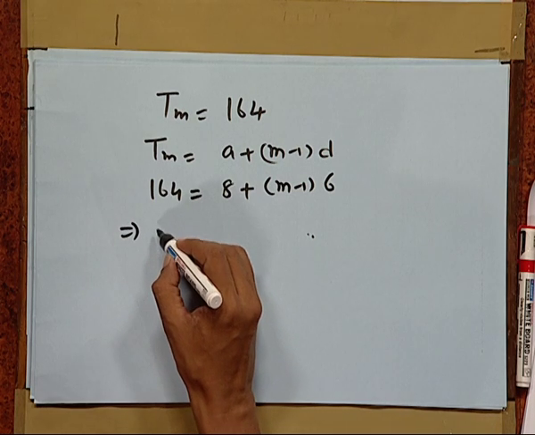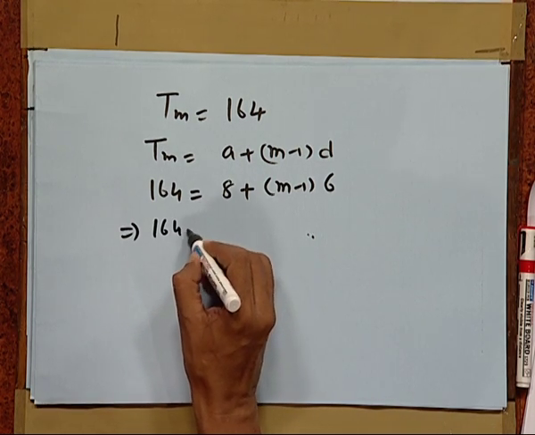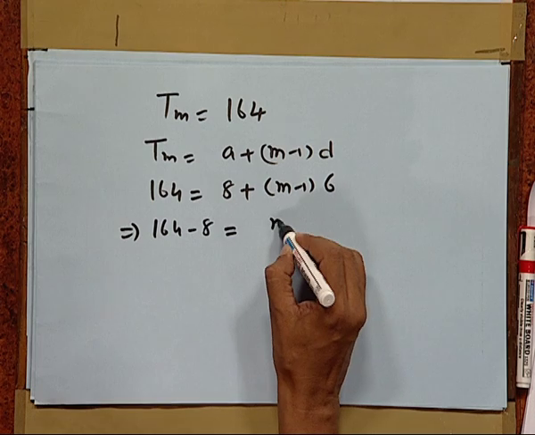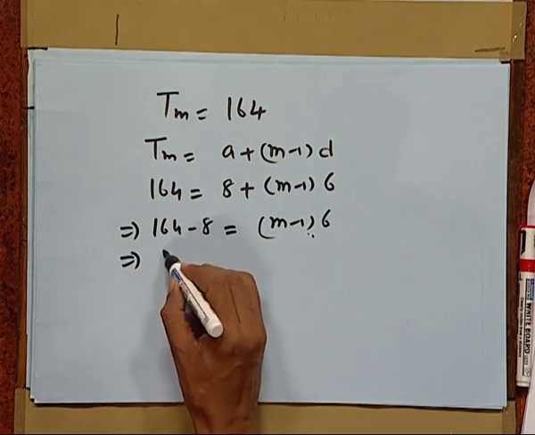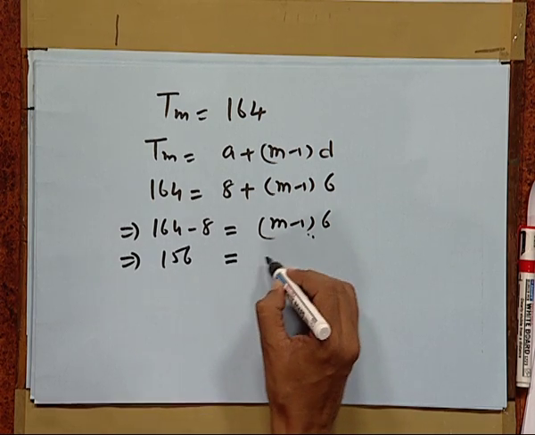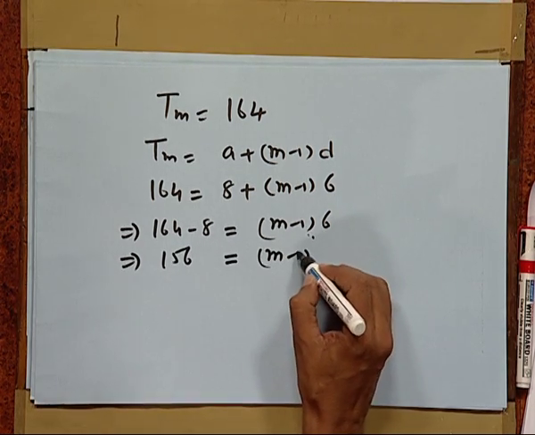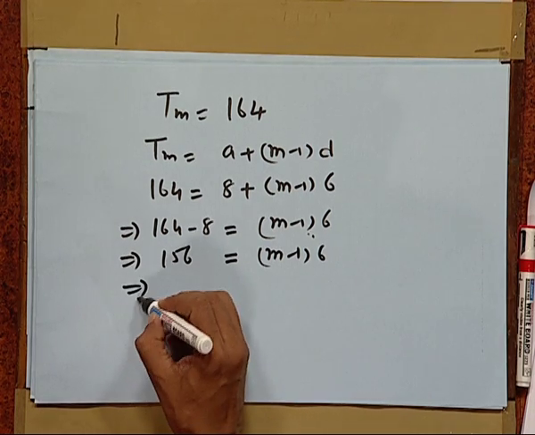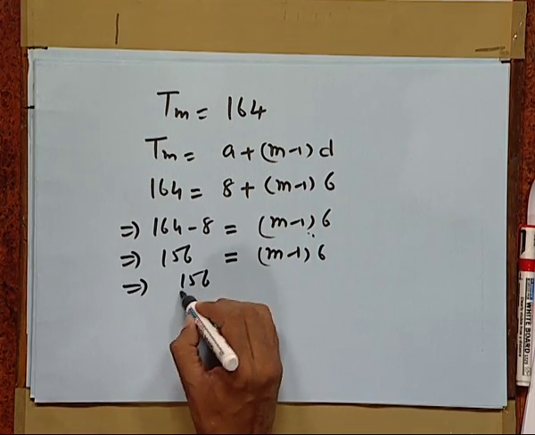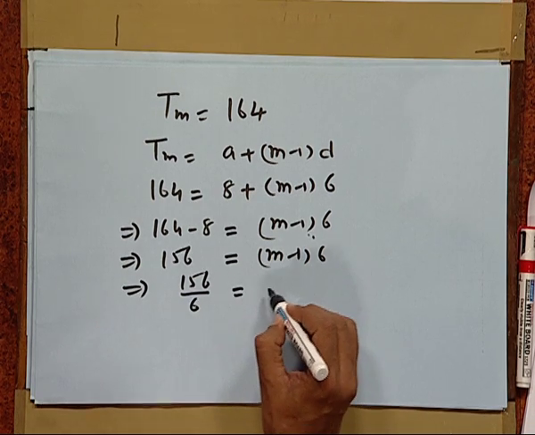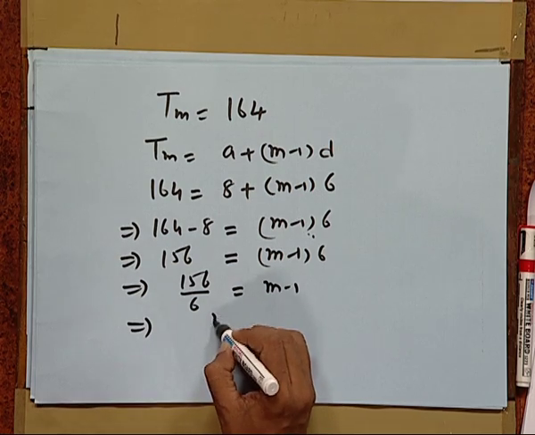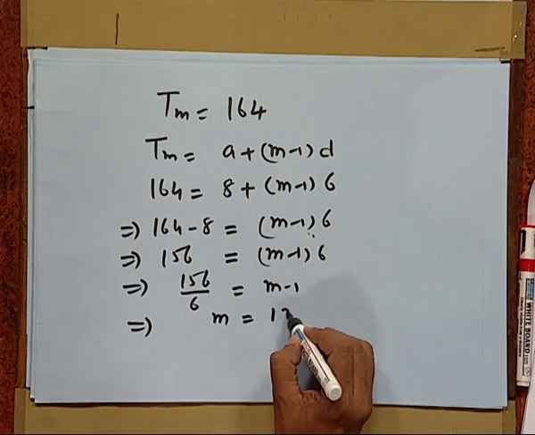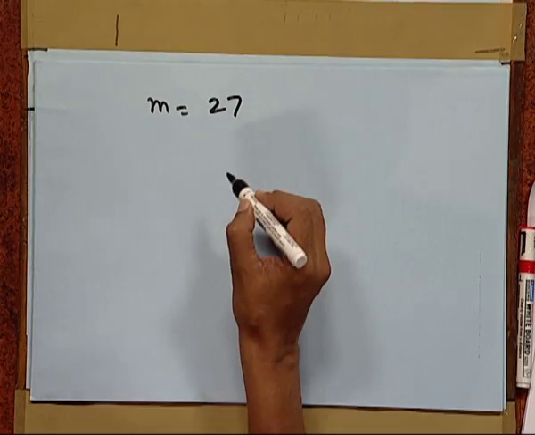This implies 164 minus 8 is (m minus 1) times 6, that is 156 is equal to (m minus 1) times 6, implies 156 upon 6 is equal to m minus 1. Ultimately we get m minus 1 is equal to 26, that is m equal to 27.